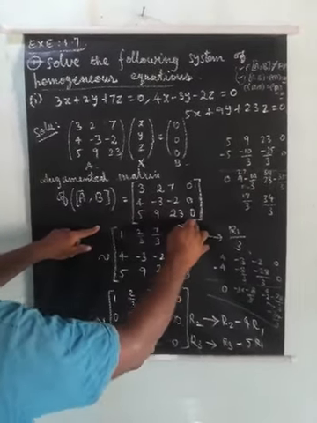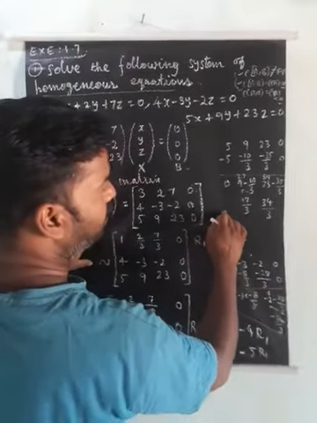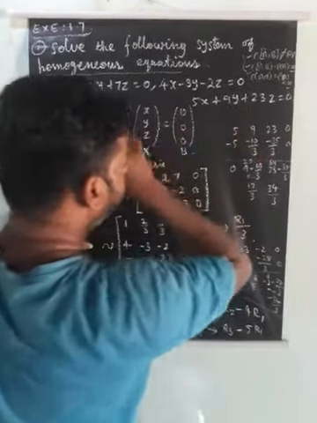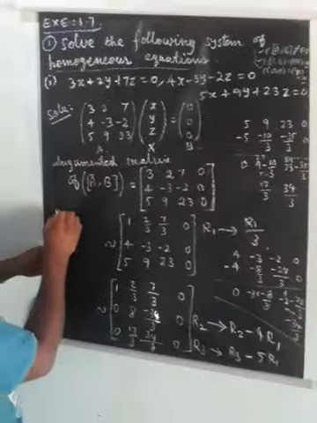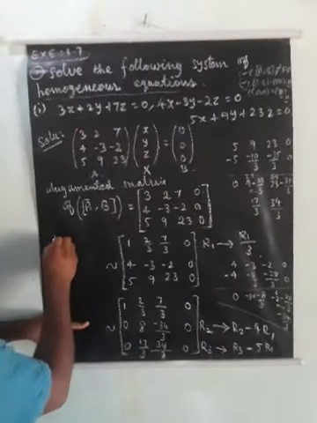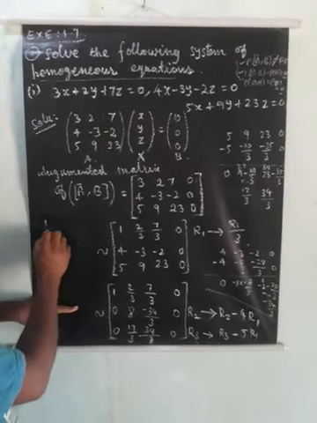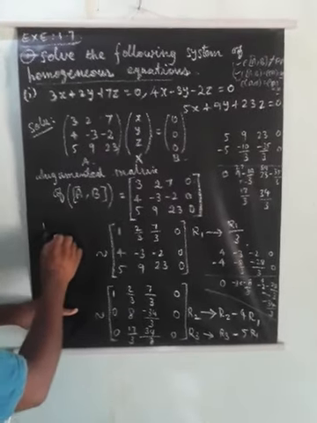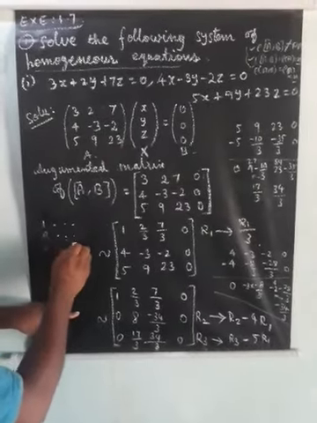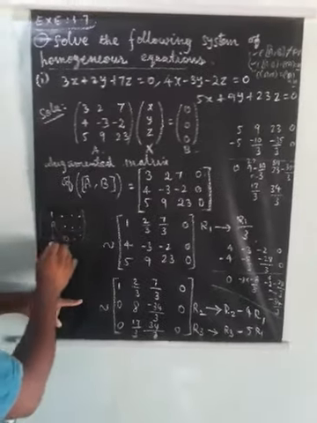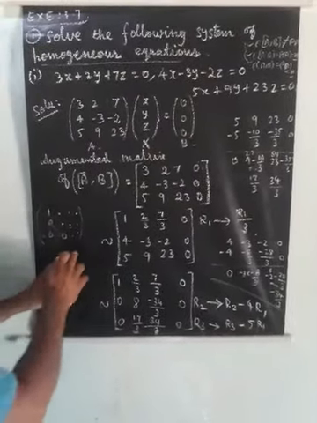Then we reduce it to echelon form. In echelon form, the first place is 1, and the second and third places below are 0, forming a triangle of zeros, with the other values elsewhere. This is called row echelon form.